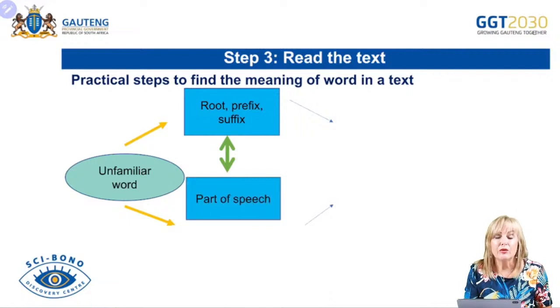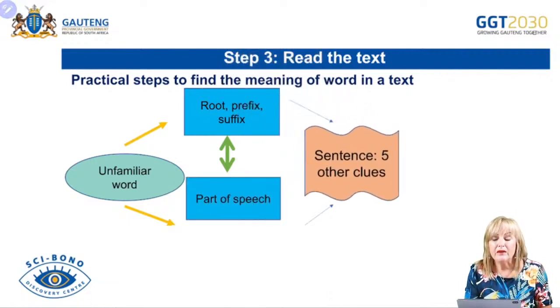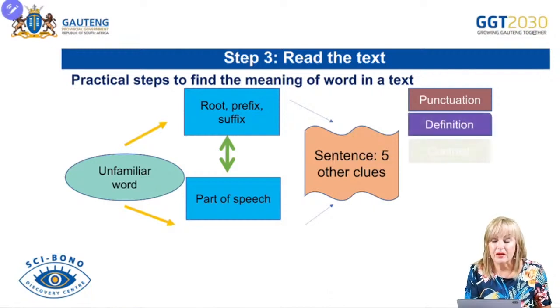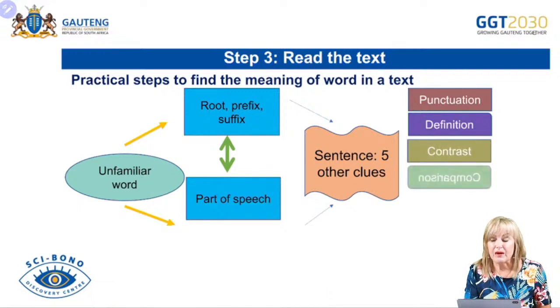And then you must decide what the part of speech is. And then there will be 5 other clues in the sentence that you can use: the punctuation, the definition, the contrast, comparison, and the example.